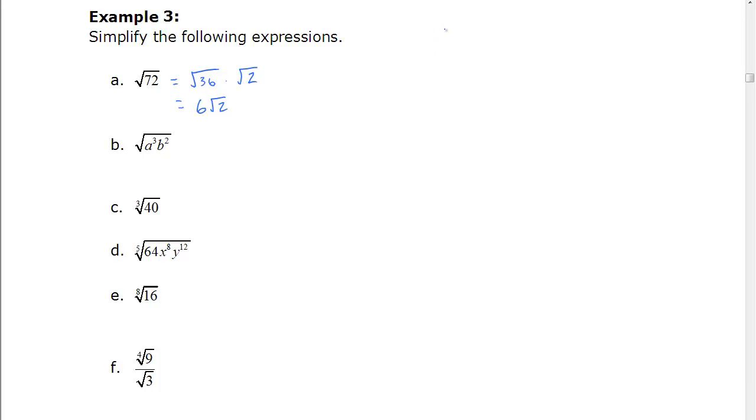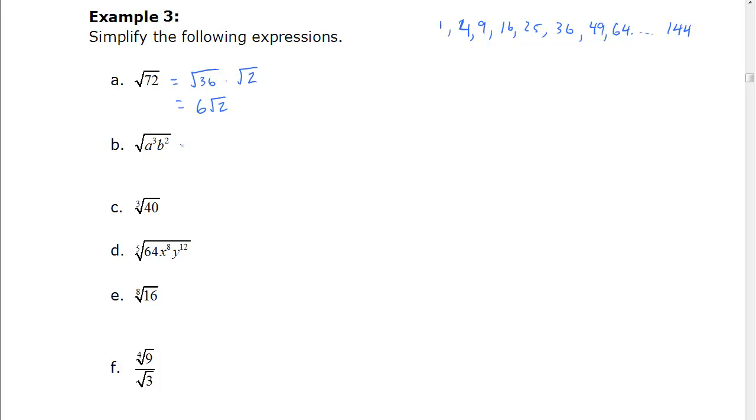So the perfect squares are 1 squared is 1, 2 squared is 4, then we get 3 squared, 4 squared, 5 squared, 6 squared, so that was the biggest one that divided there, 7 squared, 8 squared, and we should know all the way up to about 12 squared at least, which is 144. And you'd be able to do most of these knowing up to 144.